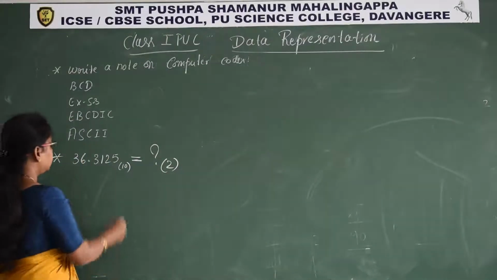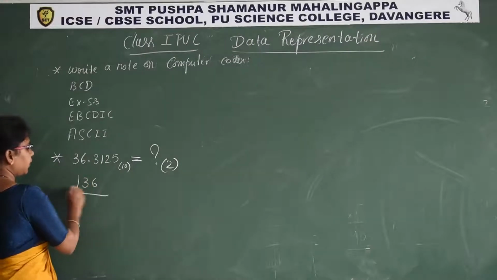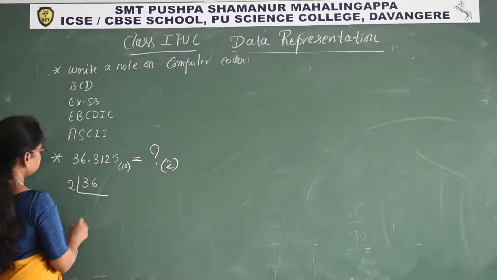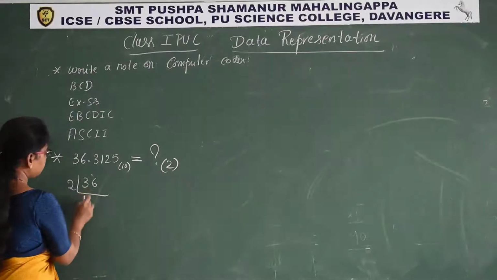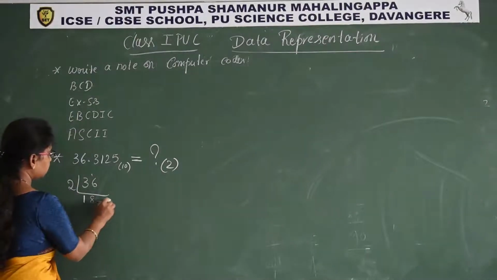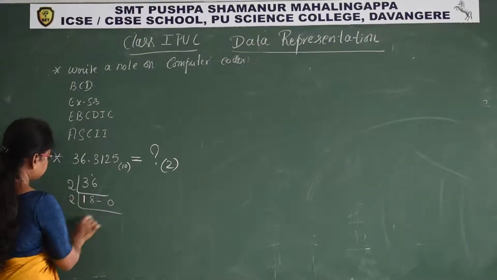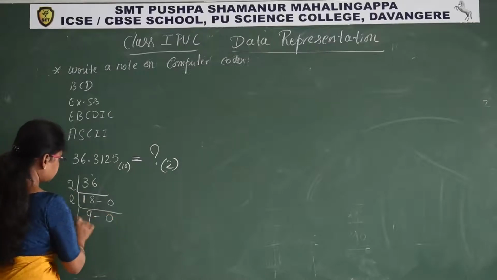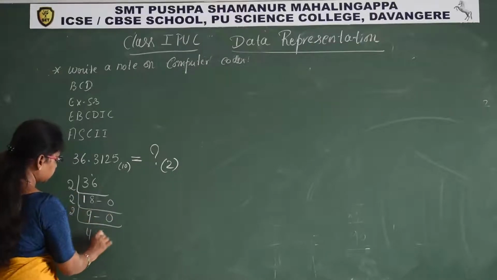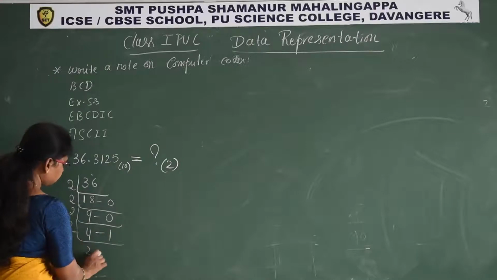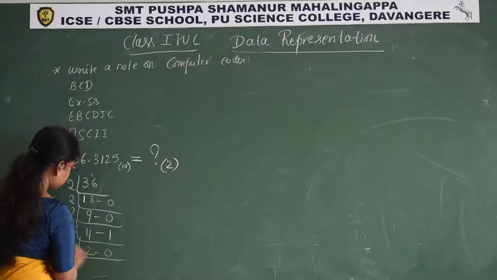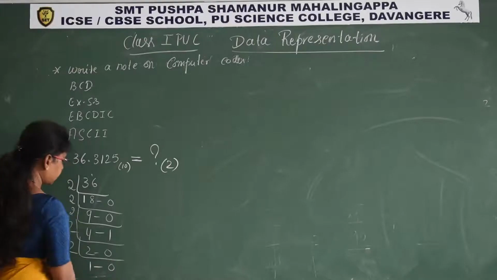How to convert? The integer part you have to divide by 2. 2 ones are 2, remainder 1; 2 8s are 16, remainder 0; 2 9s are 18; 2 4s are 8; 2 2s are 4, remainder is 0; 2 1s are 2, remainder is 0.